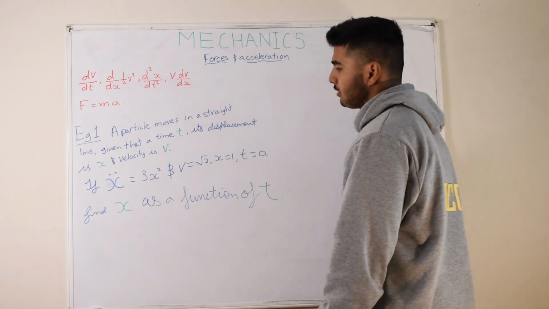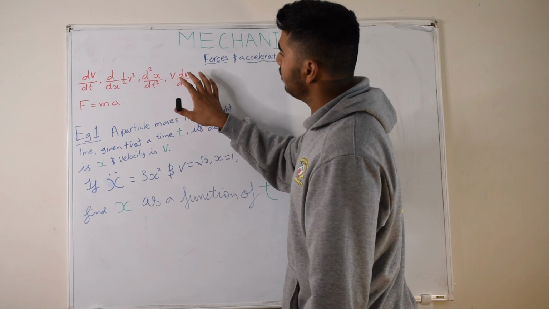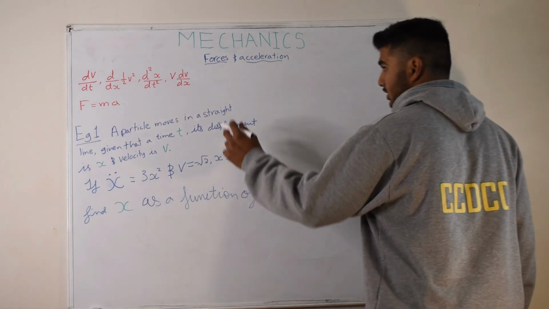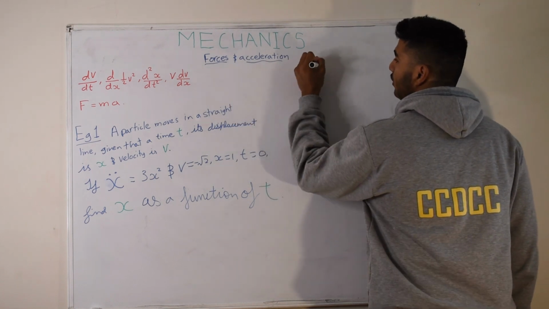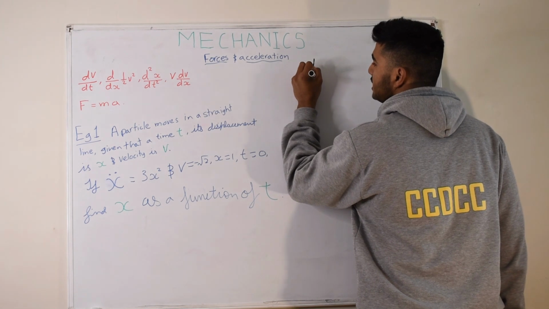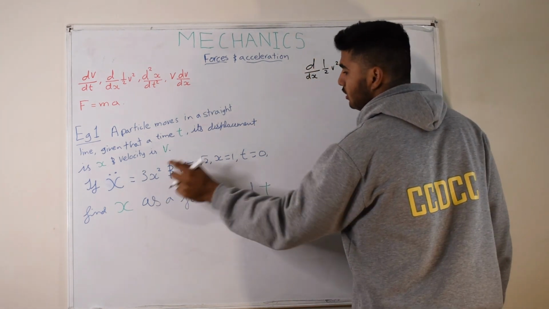First step, relevant to this, I would say out of these four different forms of acceleration, this one appears to be the most relevant. So let's write that down. So we can go over here, d upon dx of half v squared equals 3x squared.